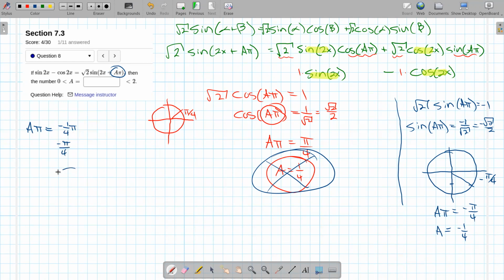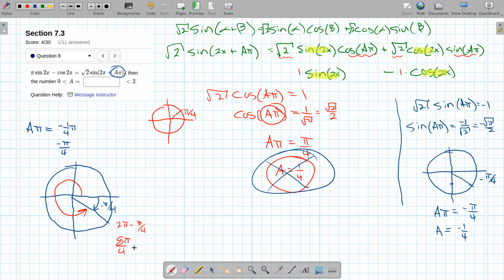The alternative to that shift, let's think about that on the unit circle. Negative pi over 4 is down here. I want the positive version of that, which would be this right here. So that's going to be 2 pi plus that negative pi over 4. So 2 pi would be 8 pi over 4 minus 1 pi over 4.